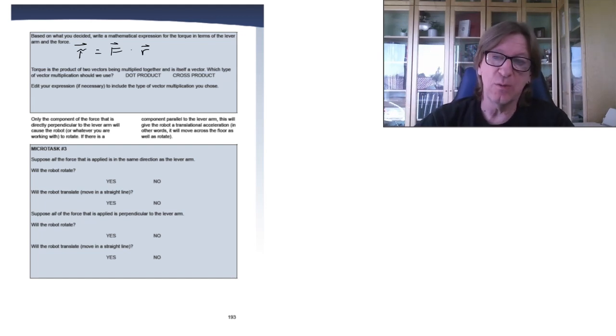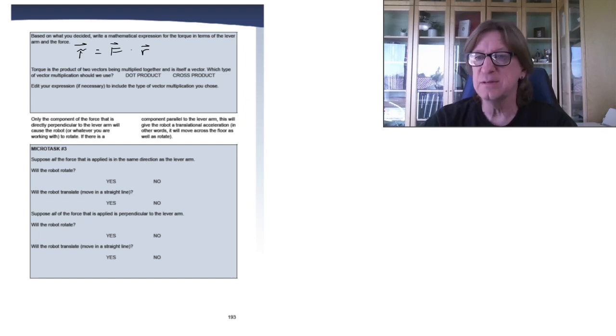Up to this point, we've almost always wanted a scalar, like when we were talking about work, for example. But this time I want the result of that multiplication to be a vector because torque is a vector. So which type of vector multiplication do I want to use? Do I want to use the dot product or the cross product? Well, the cross product is the vector product, so I need this.